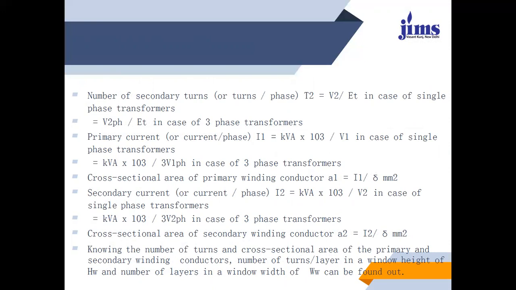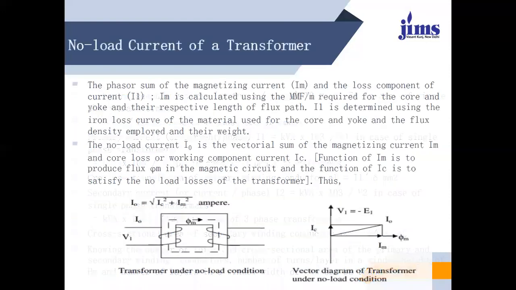Knowing the number of turns and cross sectional area of the primary and secondary winding conductors, the number of turns per layer in a window height of HW and the number of layers in a window width of WW can be easily found out. Next will be the no load current of a transformer.